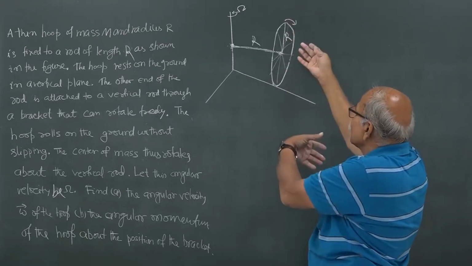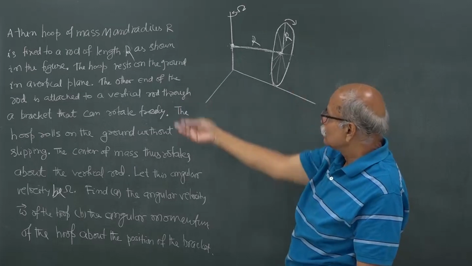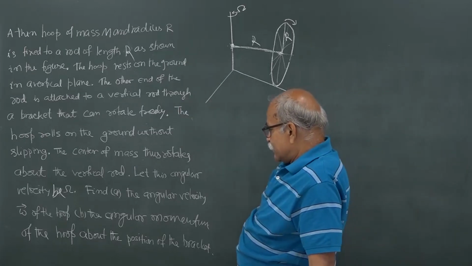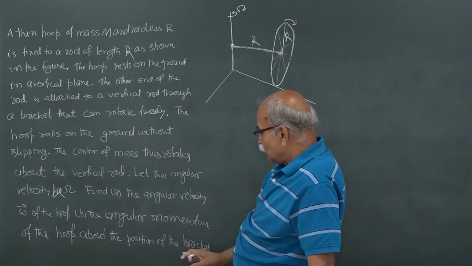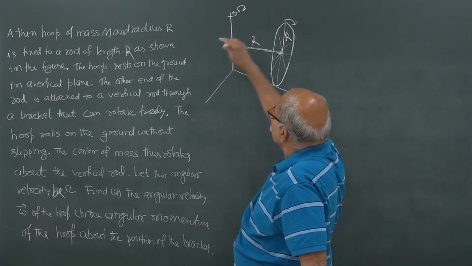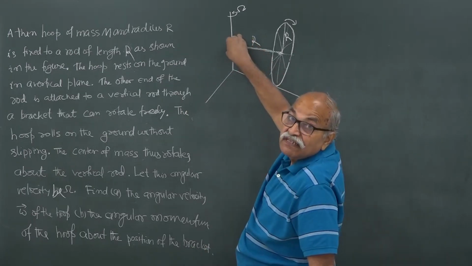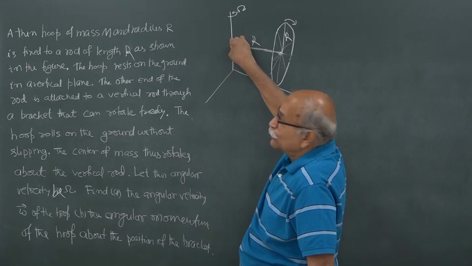It is spinning, at the same time it is rotating, and then B, the angular momentum of the hoop about the position of the bracket. So, this is the point at which we need angular momentum. So, these are the two questions.